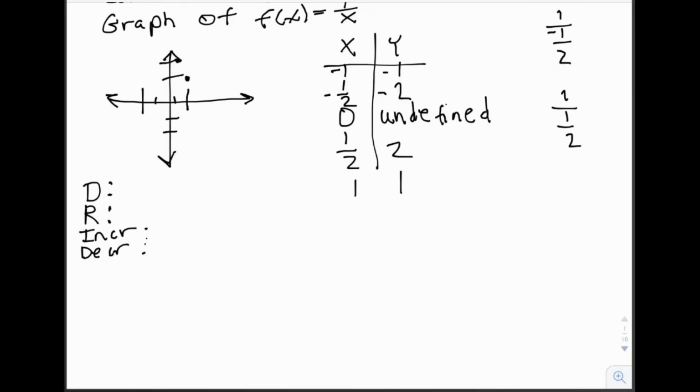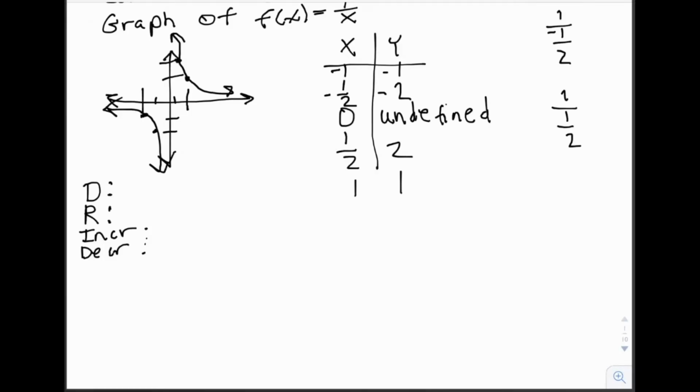And finally, we have negative 1, negative 1. Right, so if we connect our dots here, we should end up with a function that looks something like this. And this is going to be our rational function here.